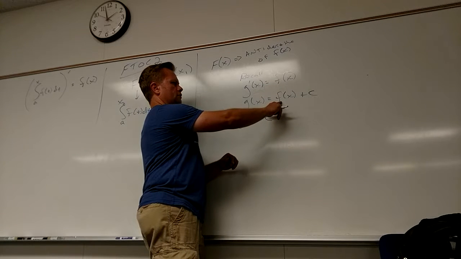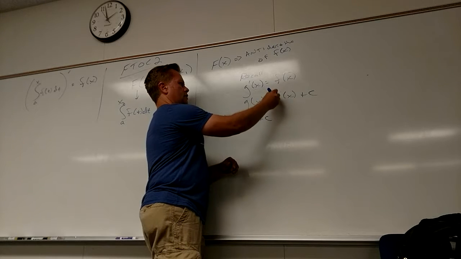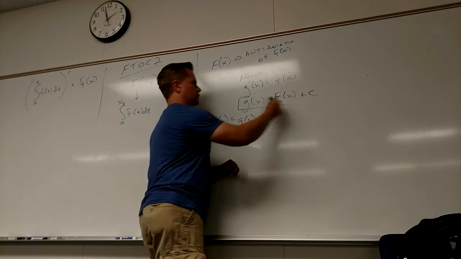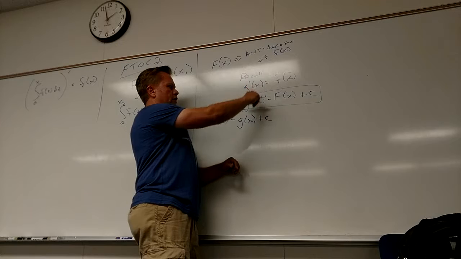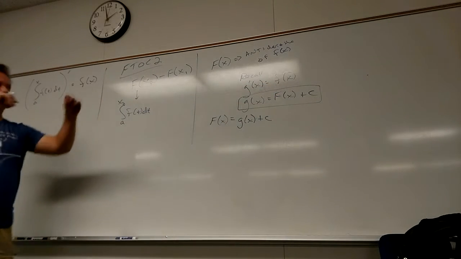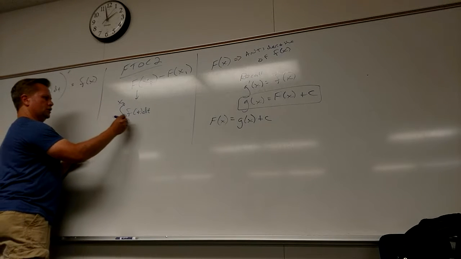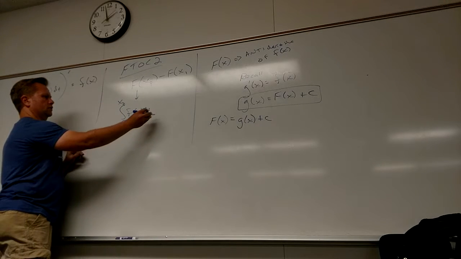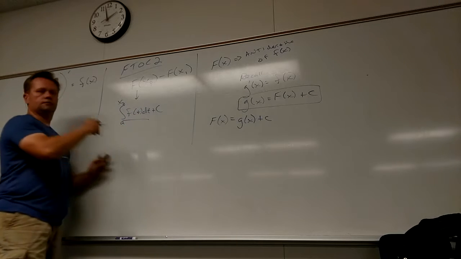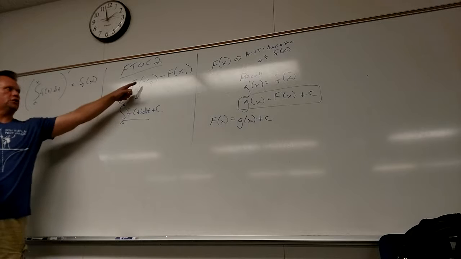What should this be? I anti-derive this side, so I should anti-derive that side. So they're off by a constant. Then this is G of x2 plus a constant. Remember, what would G of x2 mean?